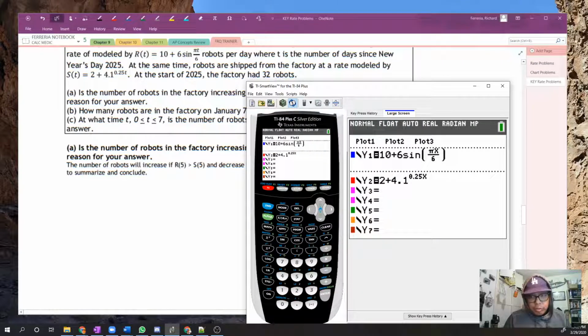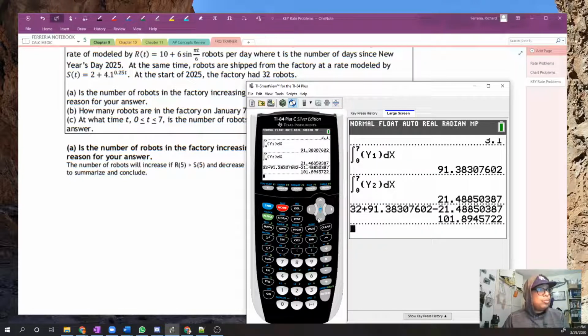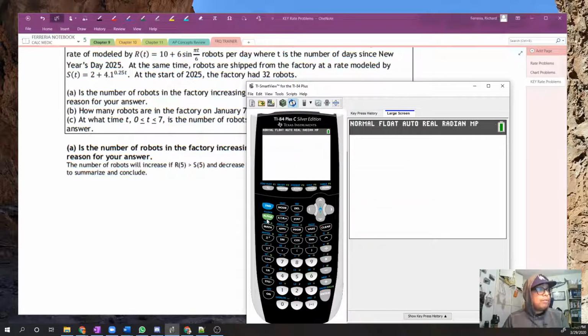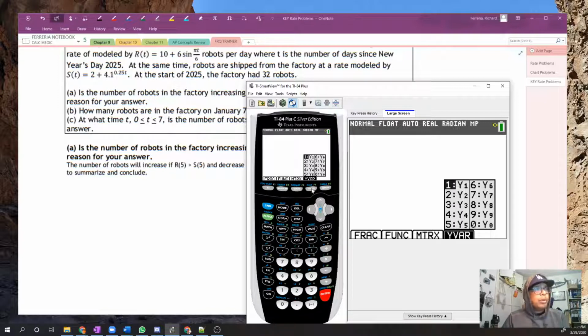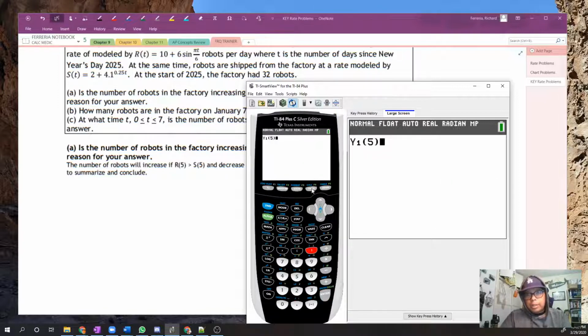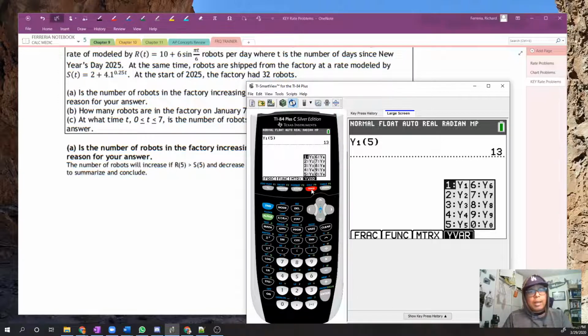We've got both of those rates in the calculator under y1 and y2. We're just going to evaluate those two functions at t equals 5, or in the calculator, x equals 5. So let's start off with y1, which is R. That is 13. I think that's the same result from yesterday as well.